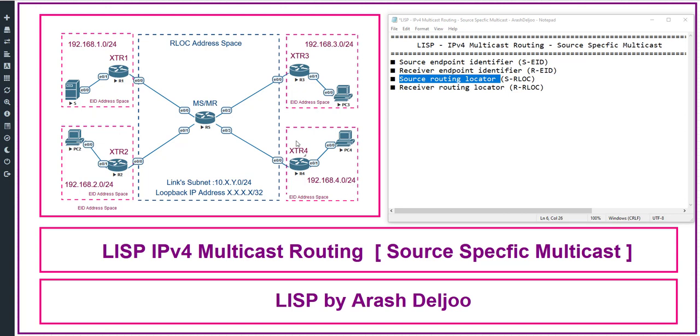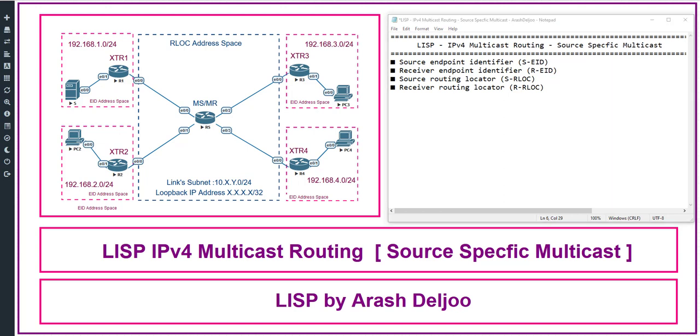For example, these are R3 and R4. If PC3 and PC4 are receivers of the traffic of this server, we can say that the RLOCs of R3 and R4 are the receiver RLOCs.